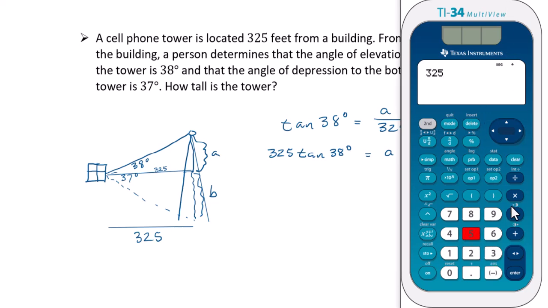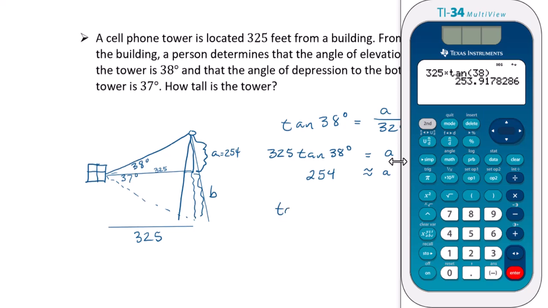So I can go ahead and take 325 and multiply that by the tangent of 38 degrees, and I get 254 about. So A is approximately 254. Okay, so A is 254, and we'll do that again to find B.